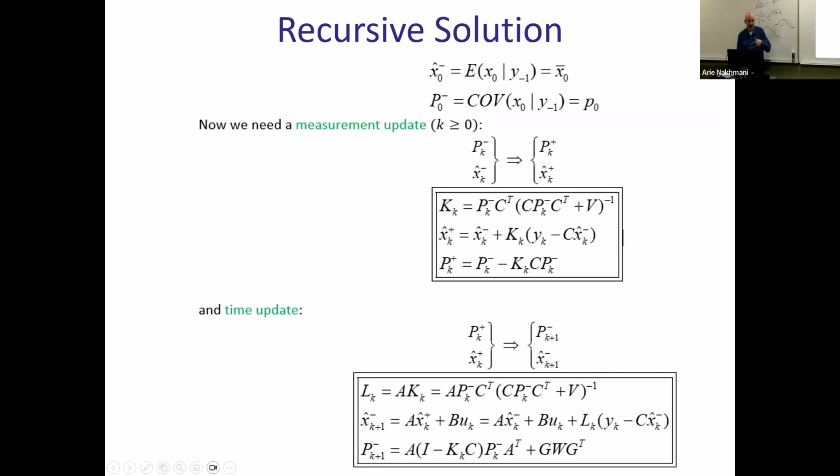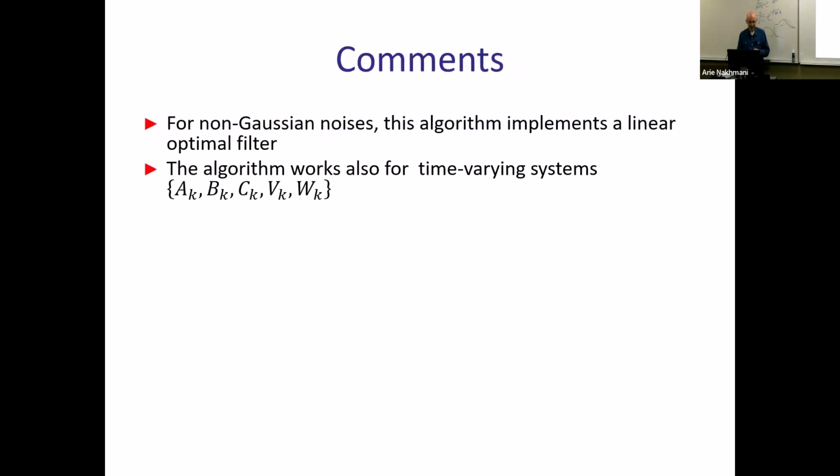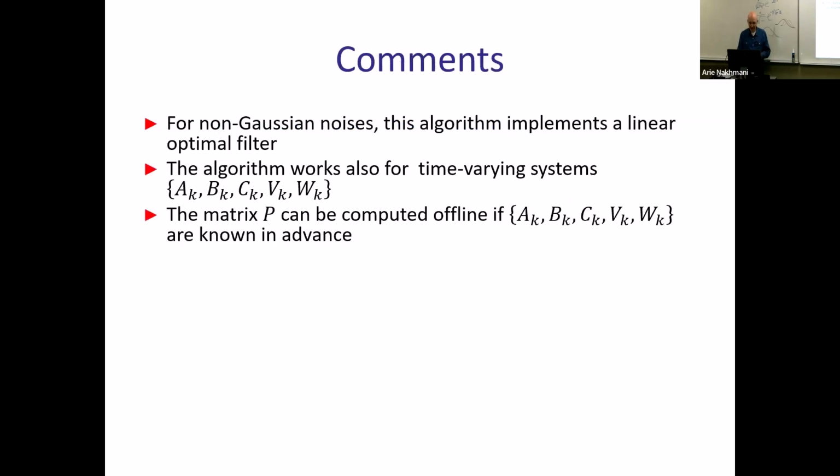They change by themselves, so this is a completely separate loop for K and P. They depend only on themselves. So you don't need to know what your X is for a particular P and K. You can compute them ahead of time if you know your matrices: V matrix, W matrix, A, B, C, D matrices. If you know these matrices, you don't need to know what your state is, what your X0 is, or all the other things which are happening to the system. You can compute them offline, and this will make the system super fast.